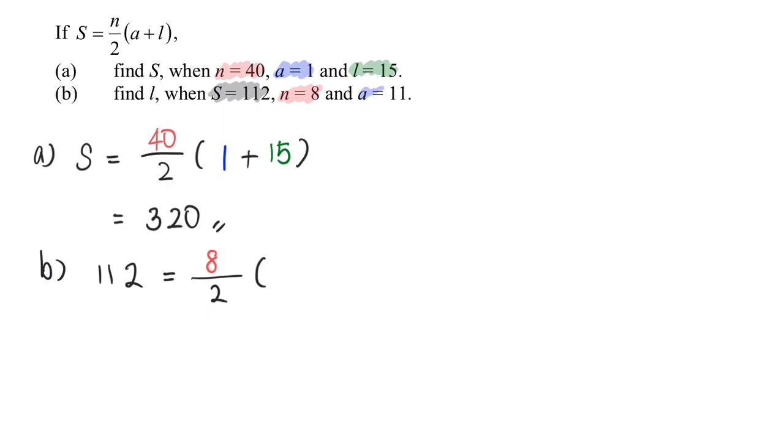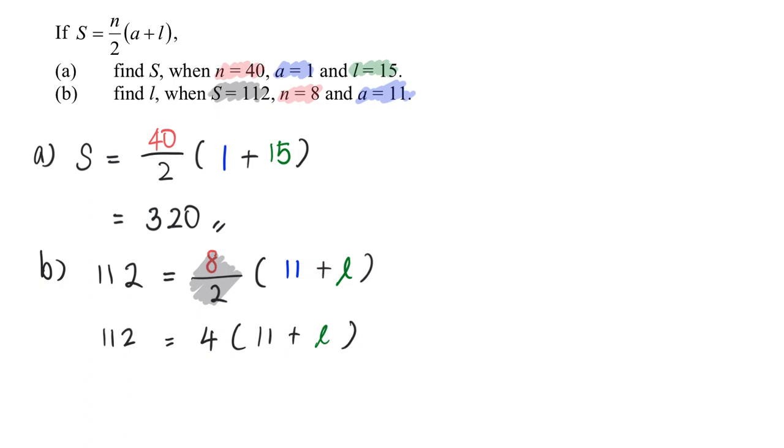My a is also given, so it's 11 plus finally my L. So let's start. I will have 112 equals 8 divided by 2, which is 4, times 11 plus my L.